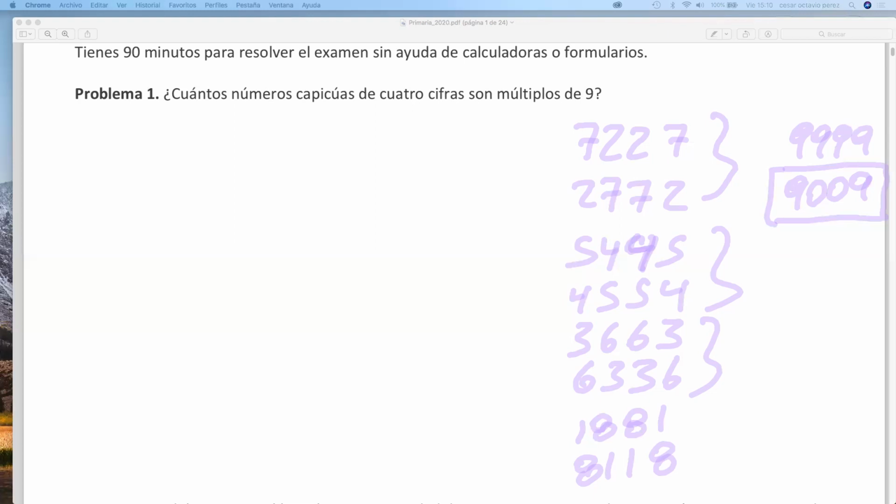So if we have A and B as the digits, there are 2 of A and 2 of B, so the addition will be 2A plus 2B. We can simplify it to 2 times (A plus B).